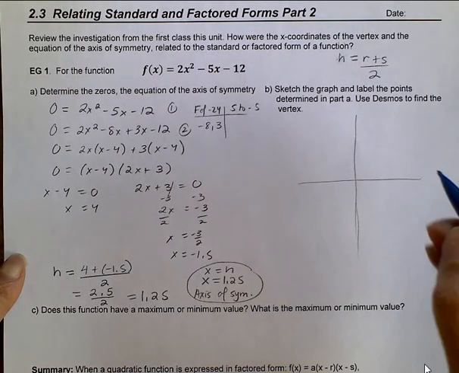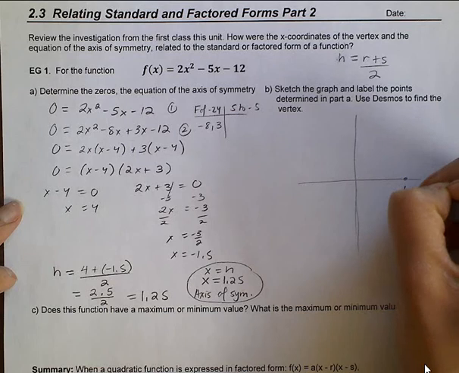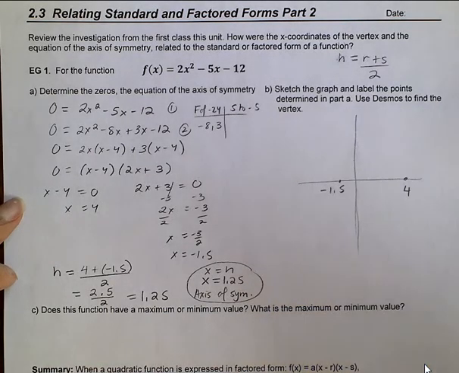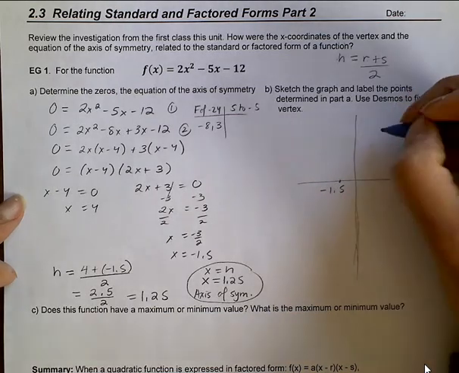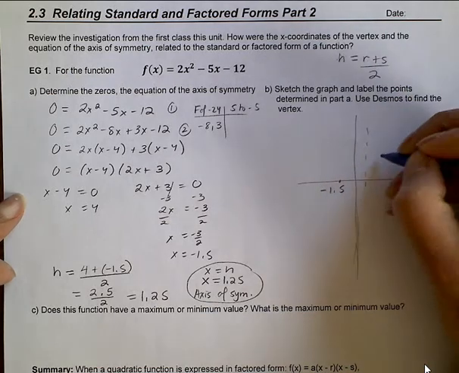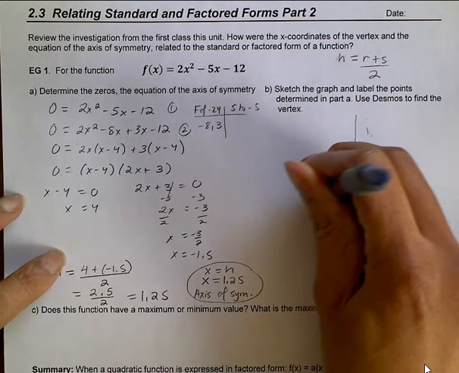Okay, so I know that my zeros are at 4, let's just say that's 4, and at -1.5. And I know that my axis of symmetry is right in the middle of those two values. So let's just say it's here. Actually, that doesn't look like a good spot if that's 4.